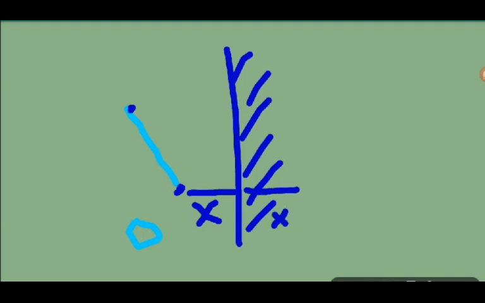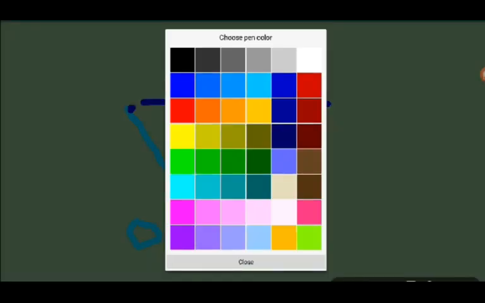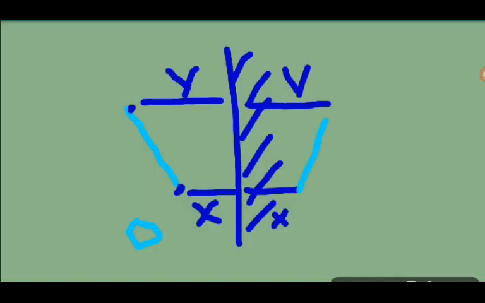We measure the distance from this point up to the mirror. Let's say this x distance is 1 centimeter, so we measure 1 centimeter. Then for another point, we measure a distance y, which is about 2 centimeters.